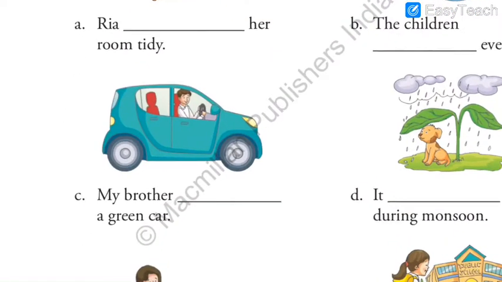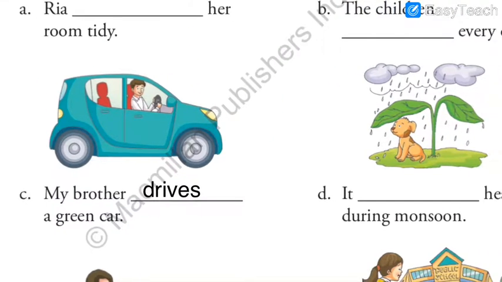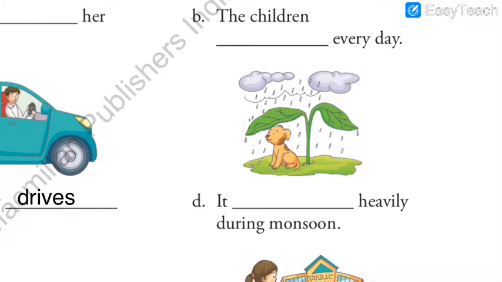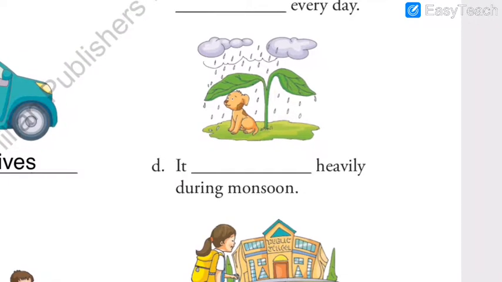Let me zoom in, and drives will be the correct answer. So we are going to type that and fix it in this blank. Correct. So how is the sentence now? My brother drives a green car. So students, I have never seen a green car near my place. If you have seen one, I don't know, but here in the picture that boy was driving a green car.